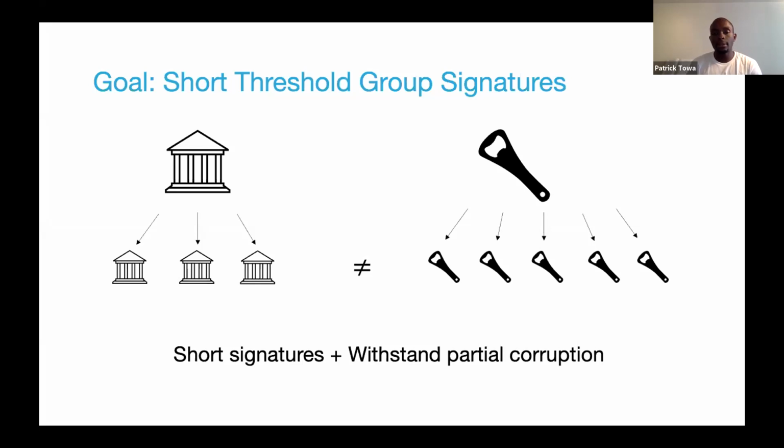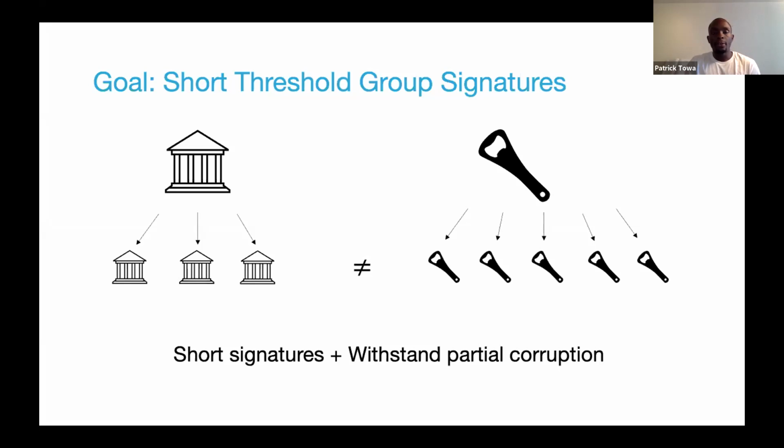The other goal is also to have really short signatures so that the scheme is applicable for many practical applications. For instance, for the vehicle-to-vehicle communication system I mentioned before, bandwidth is one of the tightest constraints. And the group signatures that have been proposed so far do not even fit those constraints because they all rely on encryption.